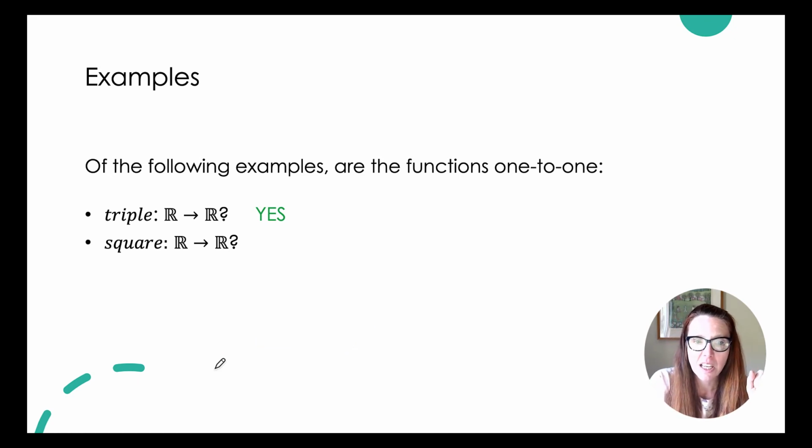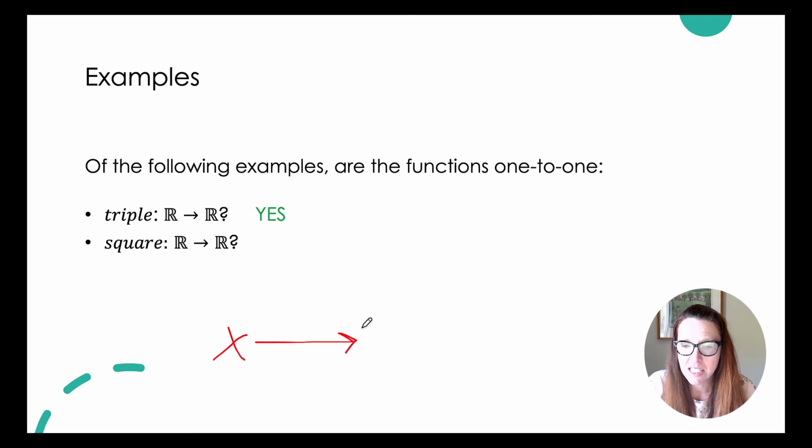And what about the square function? This is the function that goes from x in the reals to x squared.